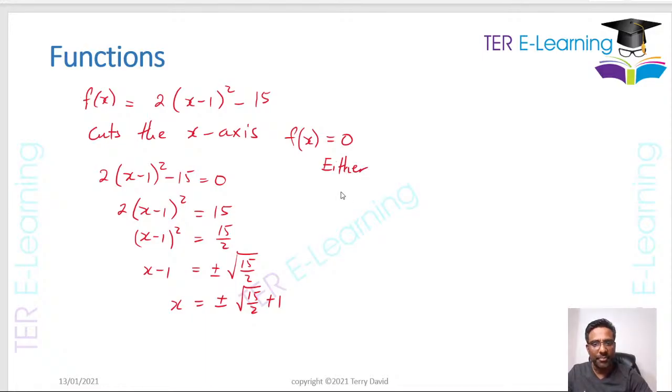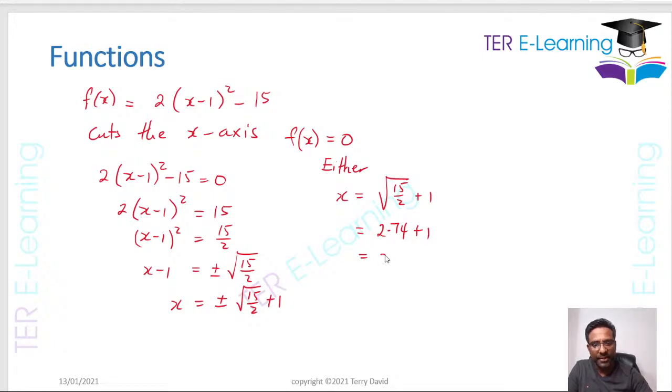we're going to put x is equal to the square root of 15 over 2 plus 1, and you work that out in a calculator. So that is 15 divided by 2, and square root of that, what you're going to get is 2.74 plus 1.